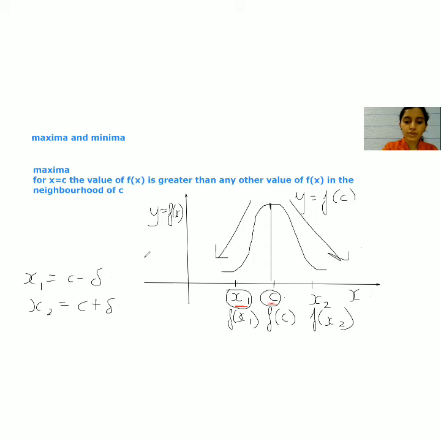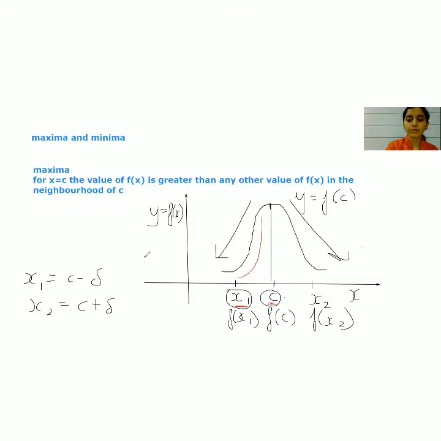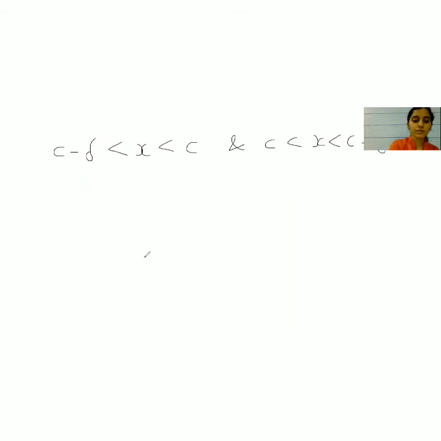As the value of x is changing, y is increasing, right? We just did something called increasing functions, right? As x is changing, y is increasing. Can you see that? A similar kind of function. So what can I write over here? I can say that this is supposed to be increasing.